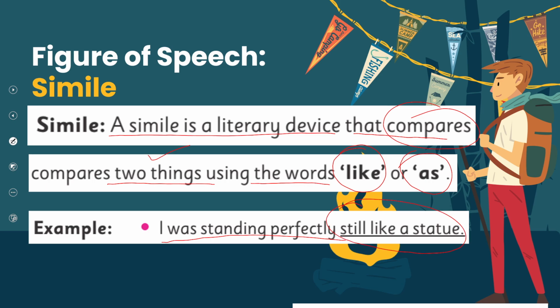Now, instead of just saying that I was standing still, you can compare it with standing like a statue, and we know that a statue is something that is still and it doesn't move. So this thing is being compared with the subject who is standing perfectly still. And we use the word like over here for our simile.